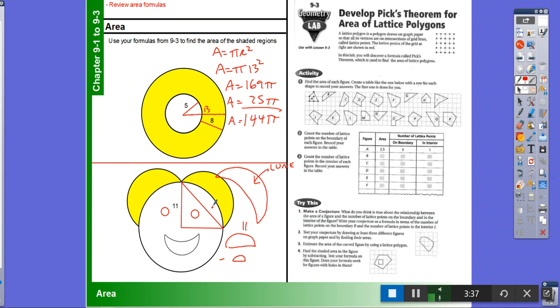And this piece here is equal to the sector minus that. And so I could find the area of this sector here, subtract out the area of the right triangle to get this area, and then take that area and subtract it from the semicircle here.